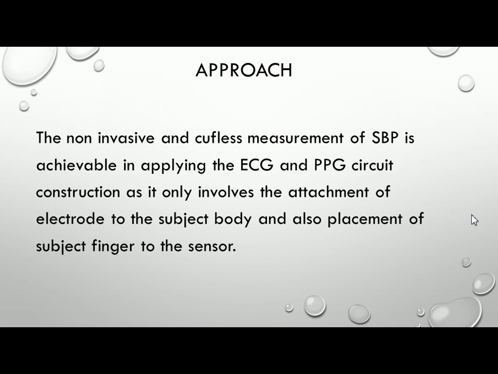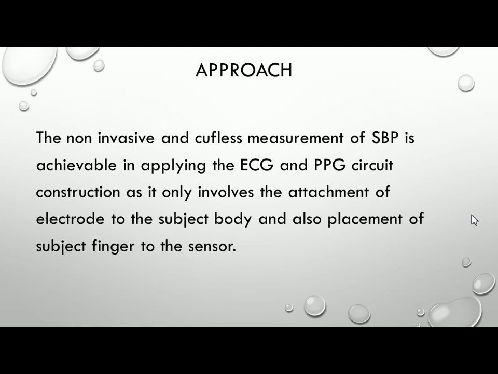This approach is divided into 3 stages. The first stage is taking the signals from the subject's body with the help of the ECG and the PPG circuits, and the second is data collection by the automatic systolic blood pressure monitoring system.